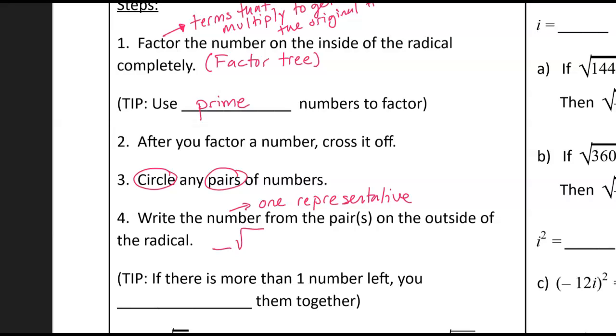Any of the non-pairs, I like to call them leftovers, go on the inside of the radical. If there is more than one number on the outside or inside, you just multiply them together.